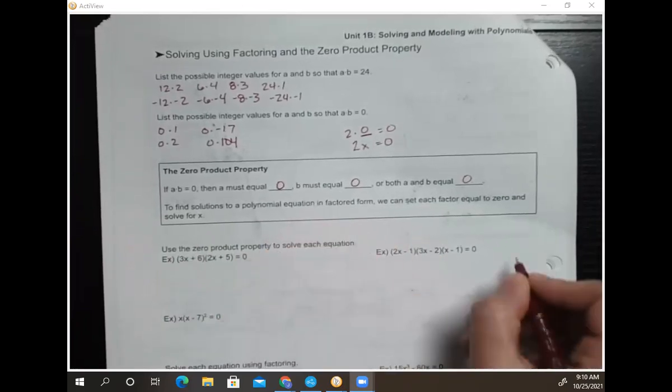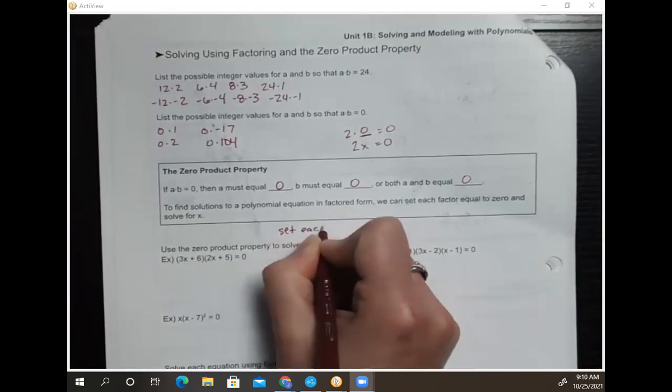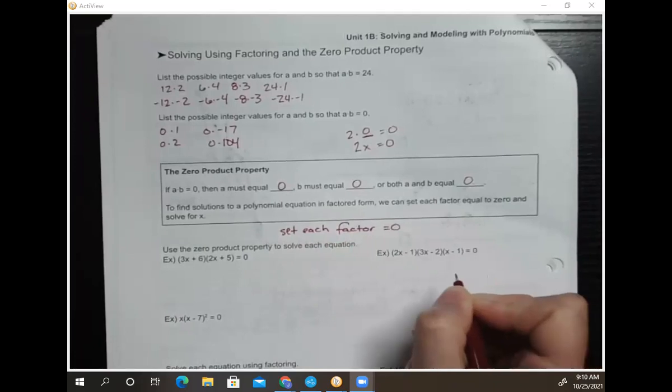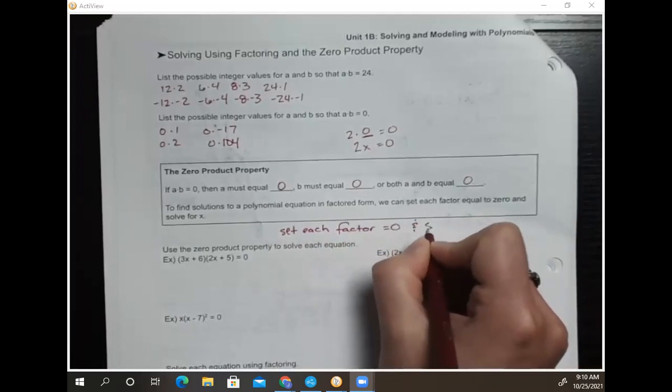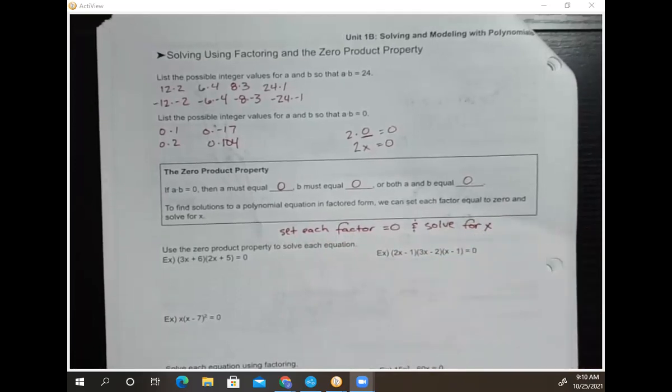So our big goal when we solve by factoring is to set each factor equal to 0 and solve for x. Once I've got factored form, I set each factor equal to 0 and solve for x.